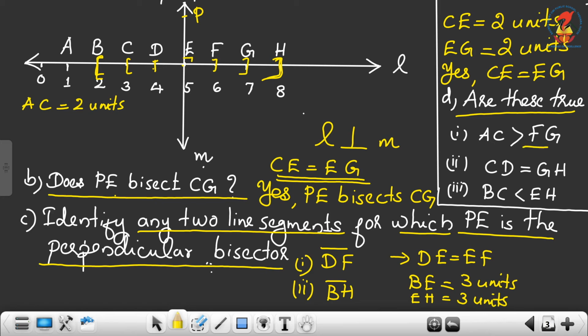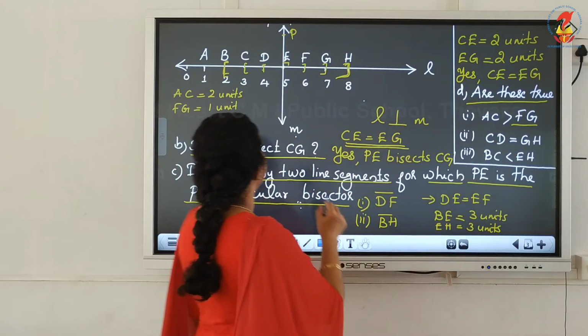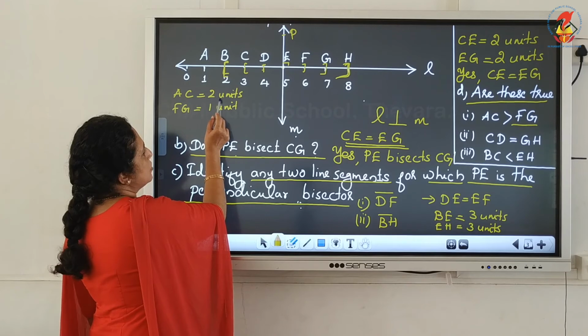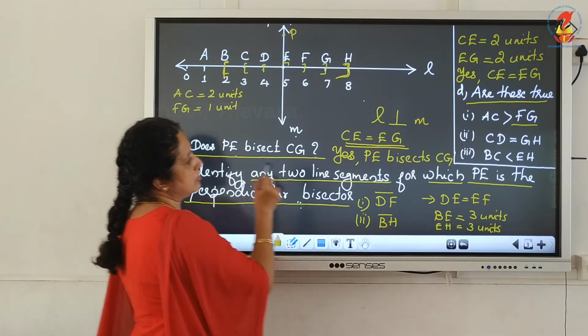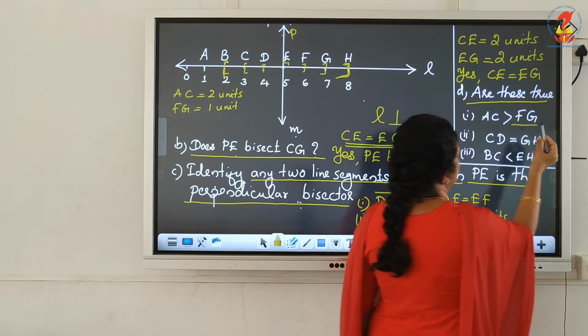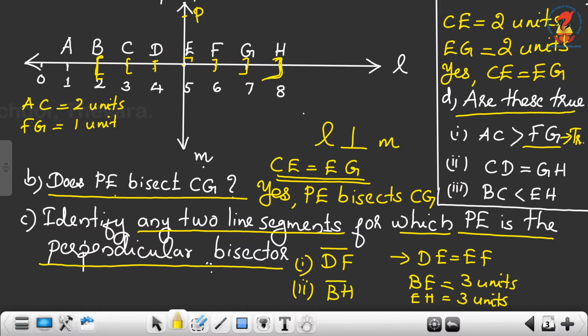Then again FG, F is at 6, G is at 7, 7 minus 6, which is equal to 1 unit. Now the question is whether AC is greater than FG. AC is 2 units, FG is 1 unit. AC is greater. So length of AC is greater than length of FG. So we can say that it is true.